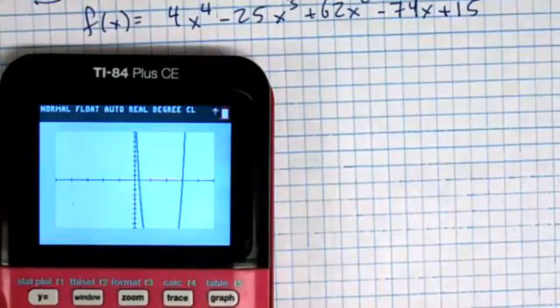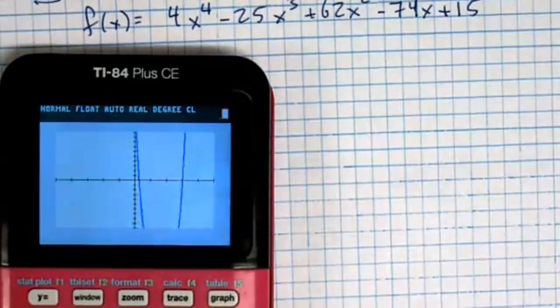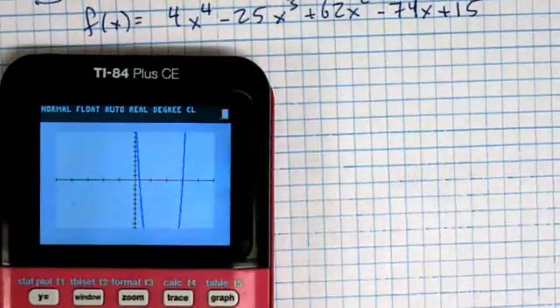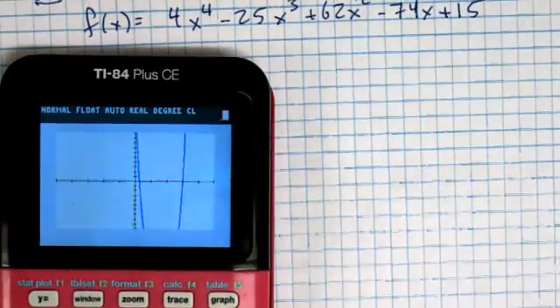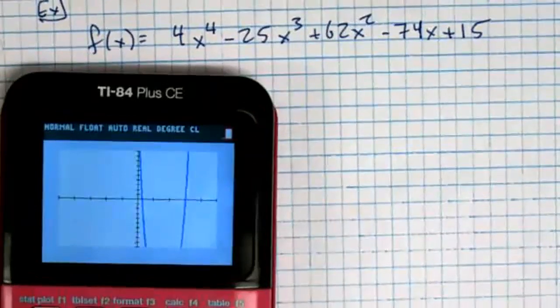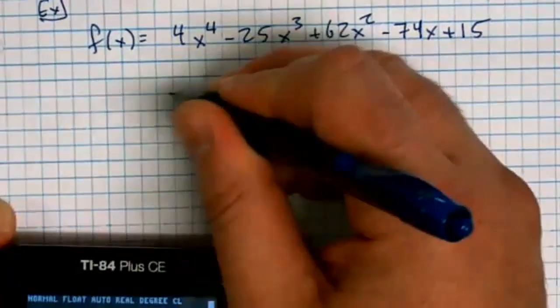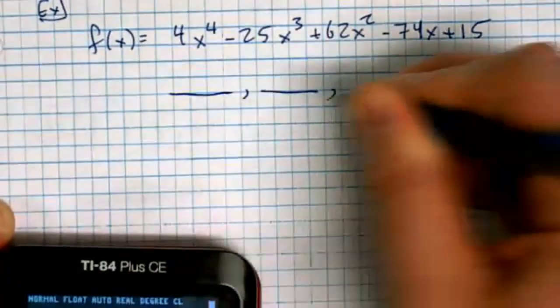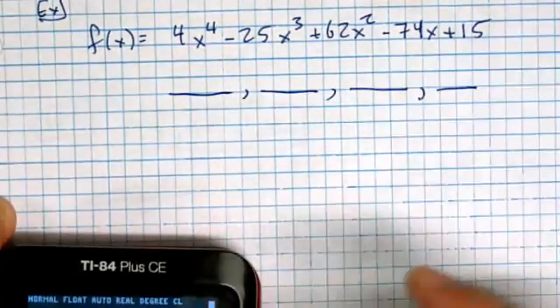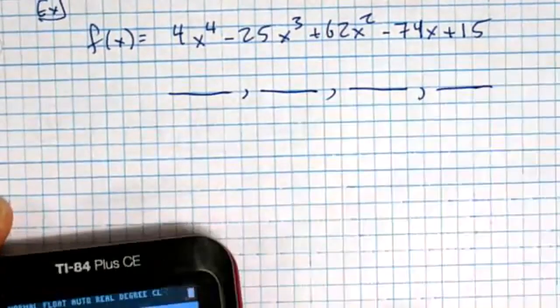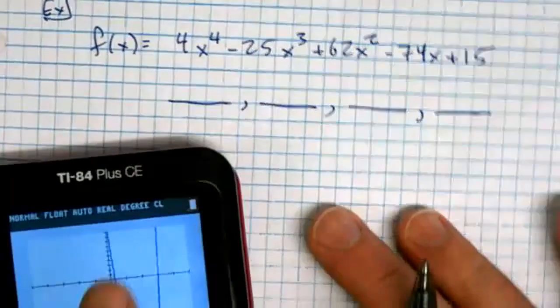Why is that washing out so badly? Oh, there we go. There's 2 x-intercepts. Hey, one of those looks nice. I got a strong feeling about 3. What do you think? Are you confident you know how to verify whether 3 is indeed a 0?